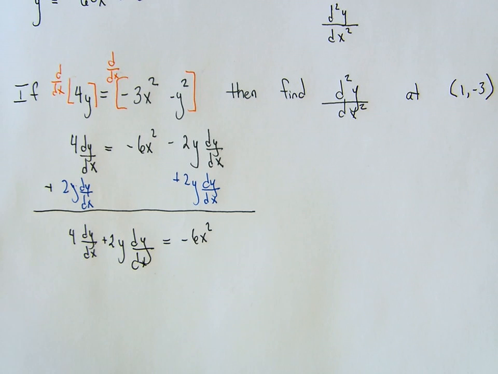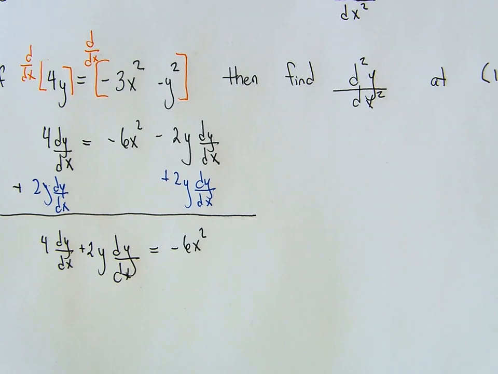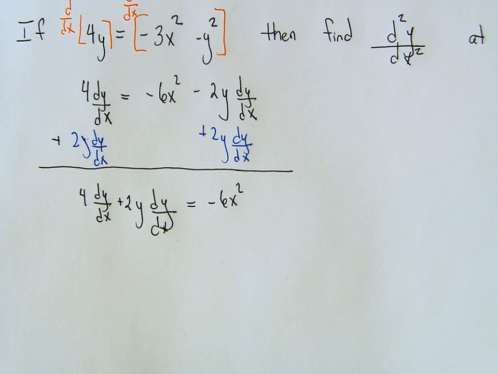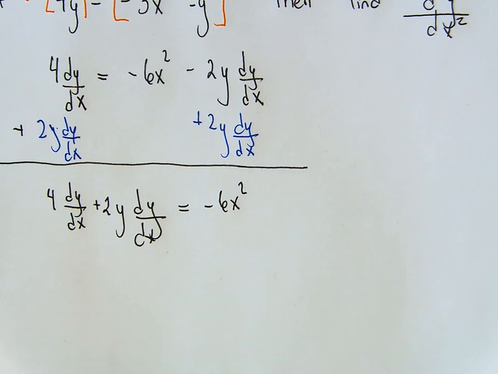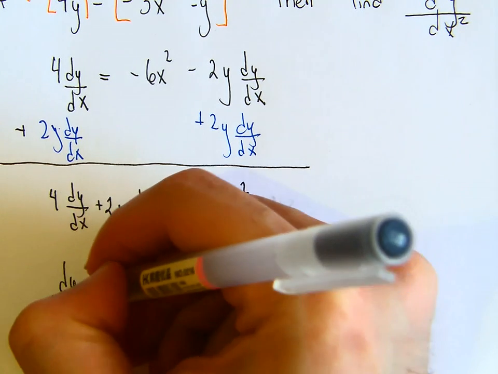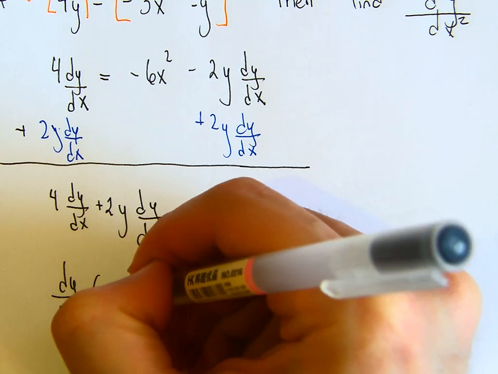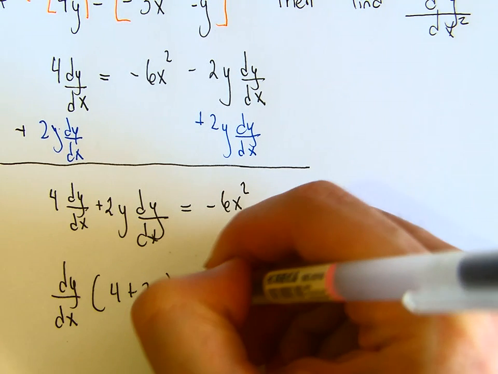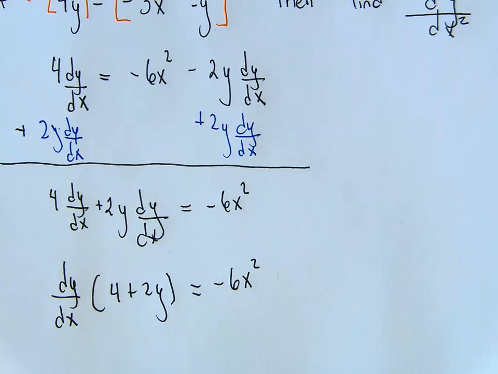Now what are we going to do? What happens next? We're going to factor out the dy dx. So now we have dy dx times 4 plus 2y equals negative 6x squared.